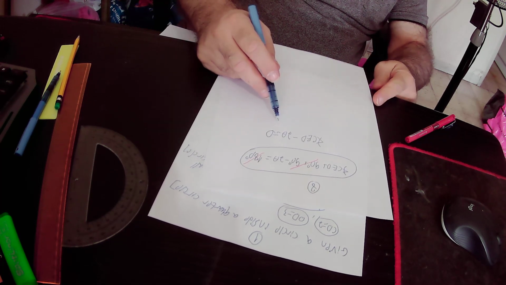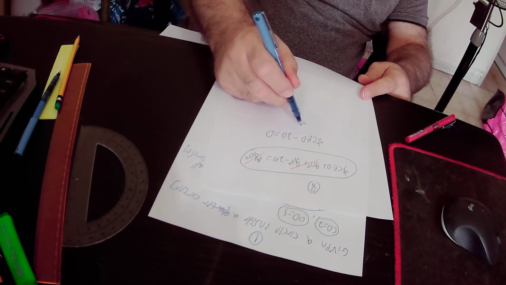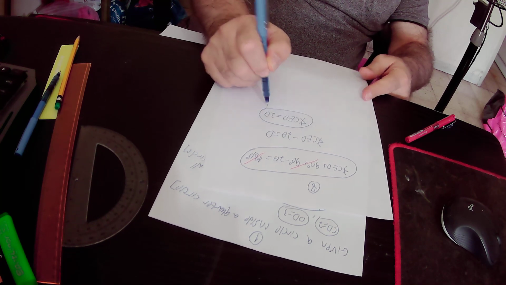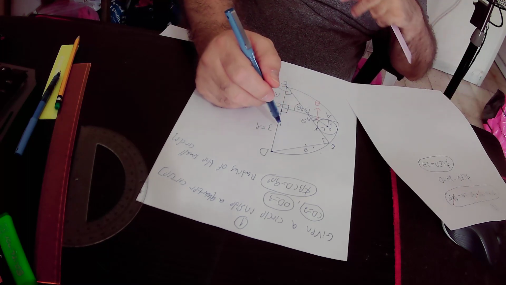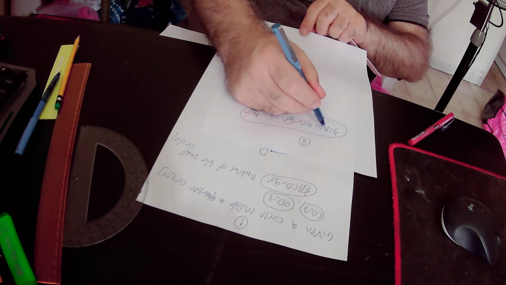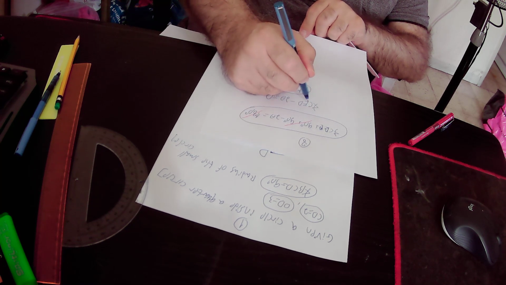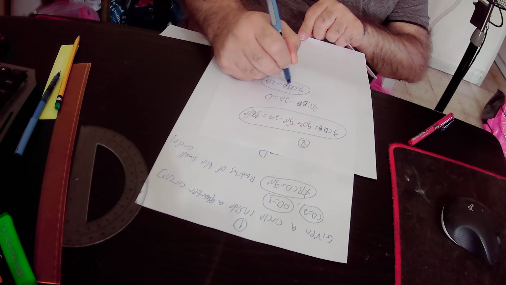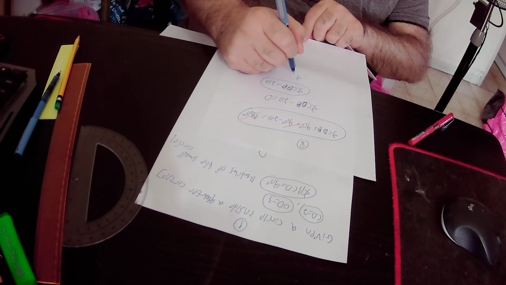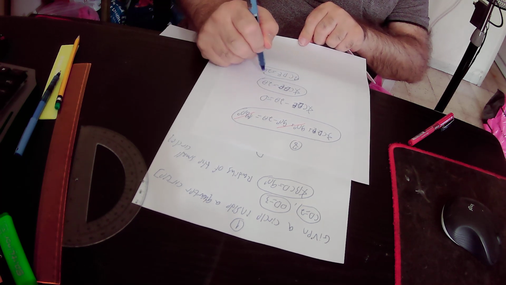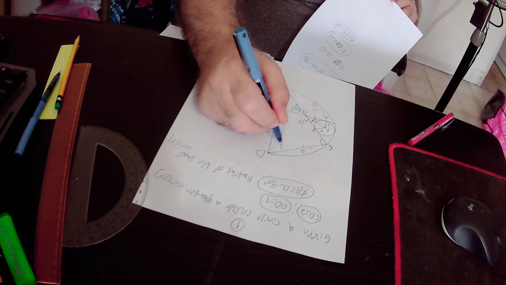And if we add 2 theta to this equality, we find that angle CDE equals 2 theta. Okay, this angle equals 2 theta.